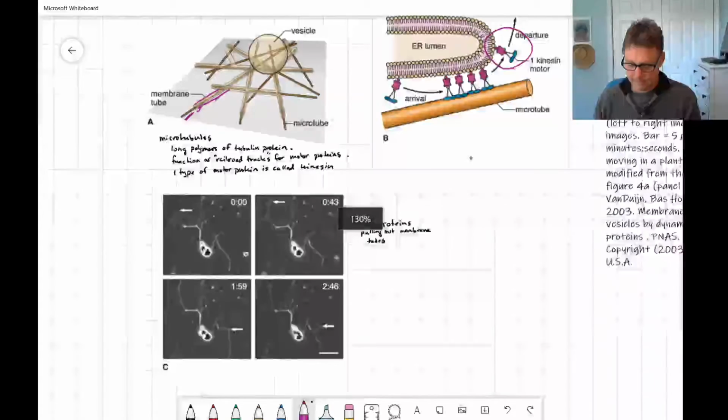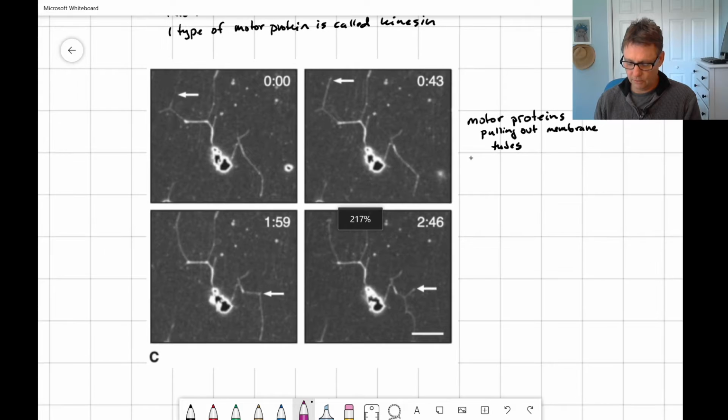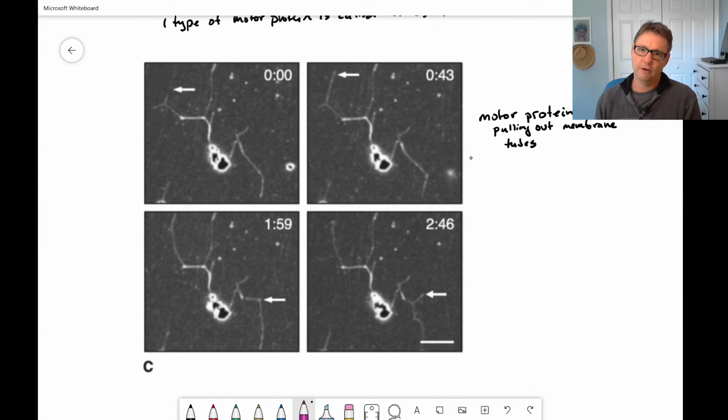And so this image down here is showing you a time lapse. It's a still frame of a time lapse video, showing you, for example, this particular membrane is being pulled over time. And so you can see it gets stretched out. It's a little bit there along the microtubule, and then it gets pulled along.